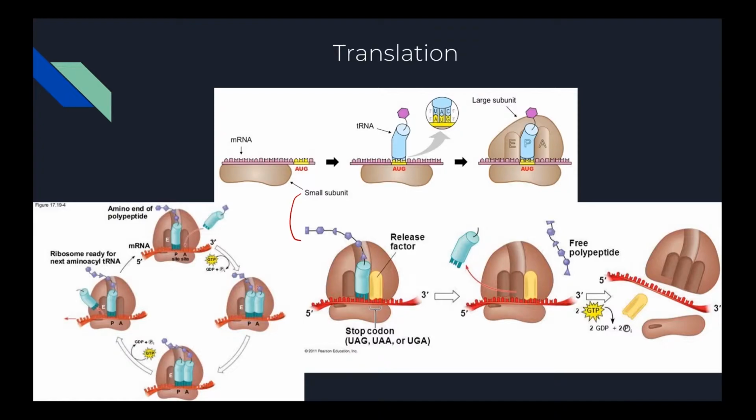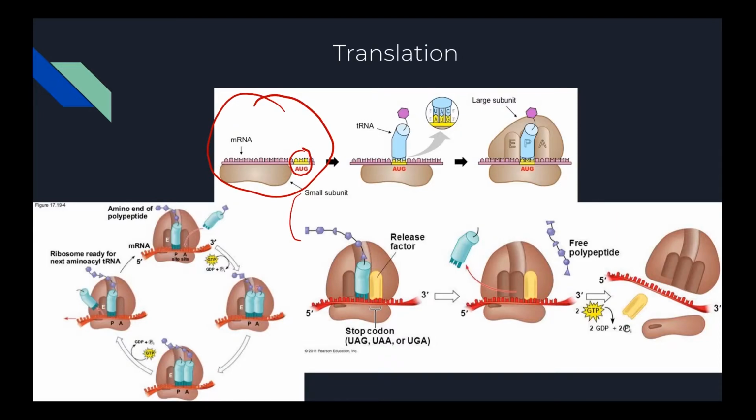All right, so at first, the mRNA will bind to the small subunit of the ribosome, as we see here on the top left. We have the small subunit binding, and we have the start codon AUG. AUG, as we'll go over at the end, codes for methionine, which is the start codon. So every protein is always going to begin with AUG.